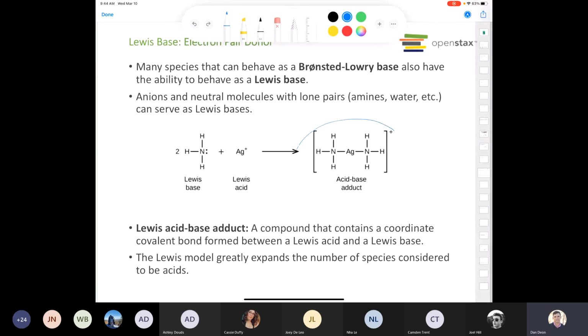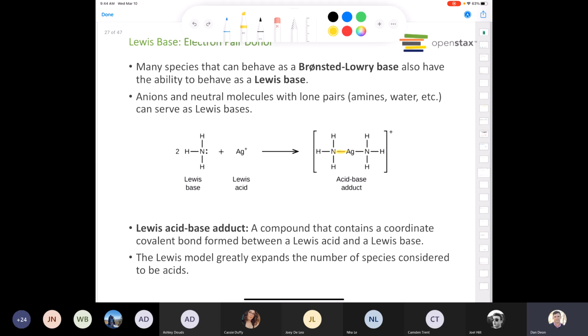And we get this Lewis acid base adduct here. And the Lewis acid base adduct shown down here is just defined as a compound that contains coordinate covalent bonds, again, which we sometimes call a dative bond. And those bonds, these ones here, formed between the Lewis acid and the Lewis base.